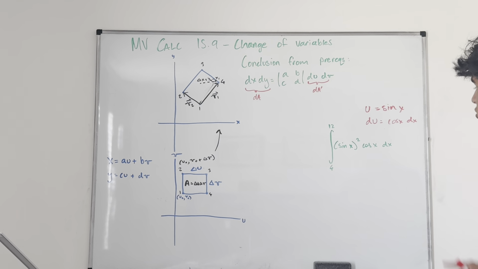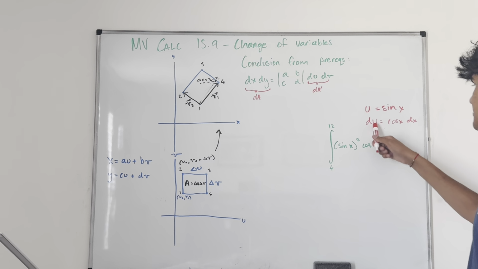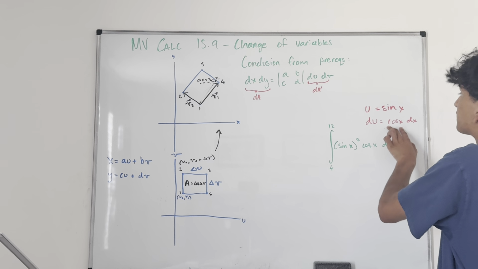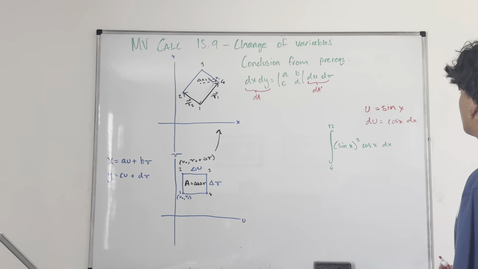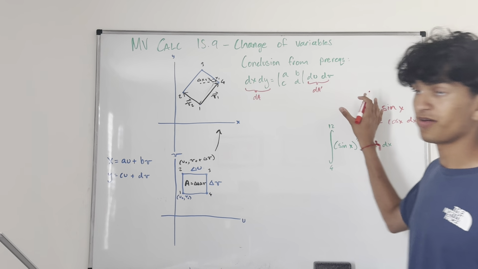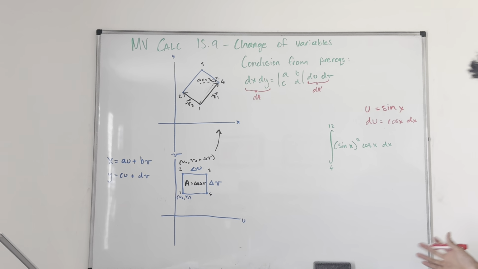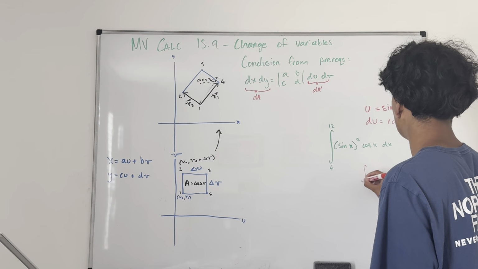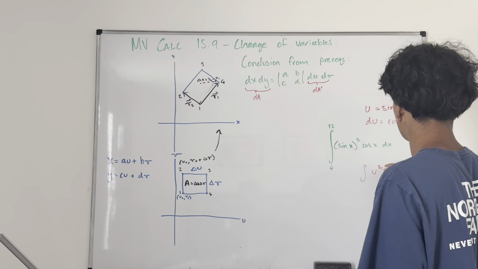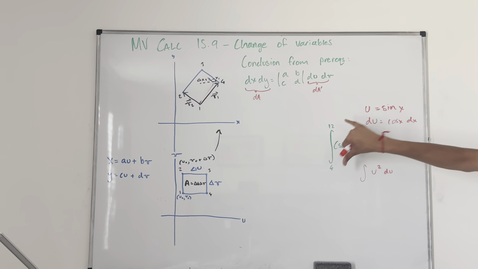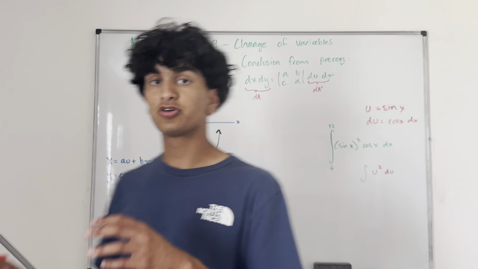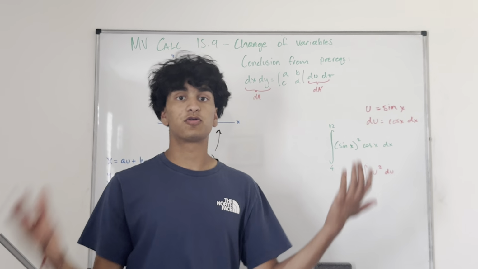Now, this is kind of interesting. You're saying du is going to be proportional to dx in some way, and that looks kind of familiar. What you would do is you would then have this be u squared du, and what happens then is your bounds change, because now you're in the u world. You're integrating with respect to u.